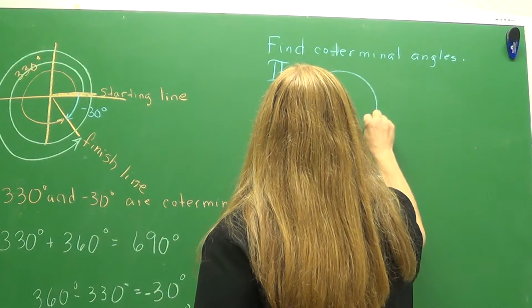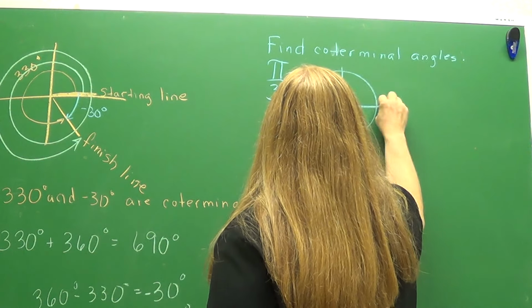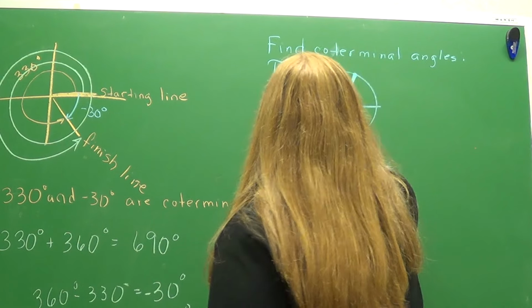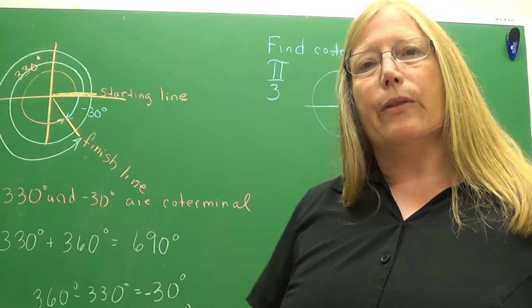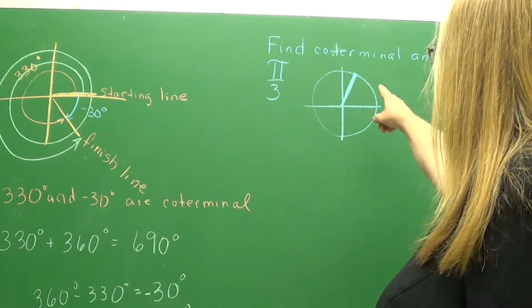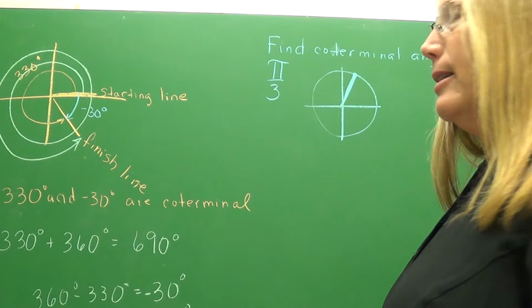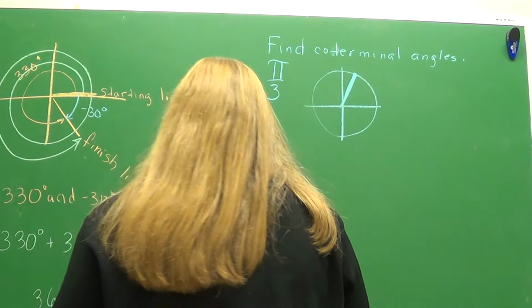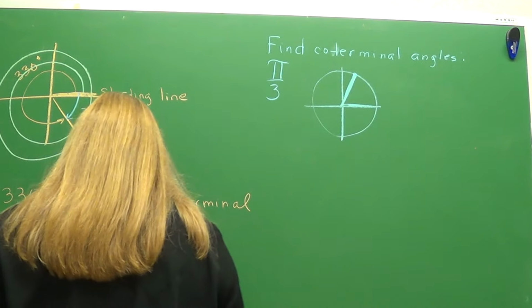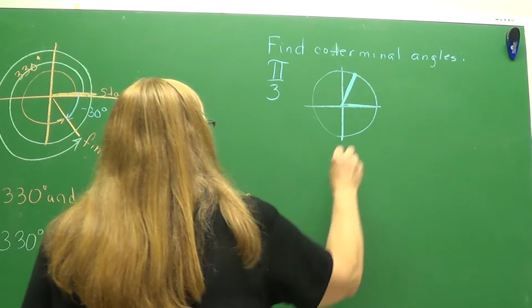I like to look at the picture of it. It's not necessary, but pi over 3 is about right there. Remember, pi over 2 is right there. Pi over 3 is not quite as big as pi over 2, so have a general idea of where it is on the circle. So I start here and end here. So this right here is pi over 3.